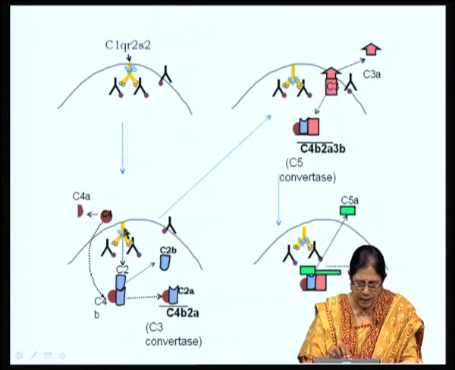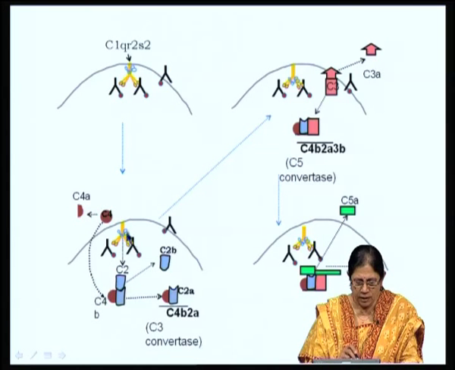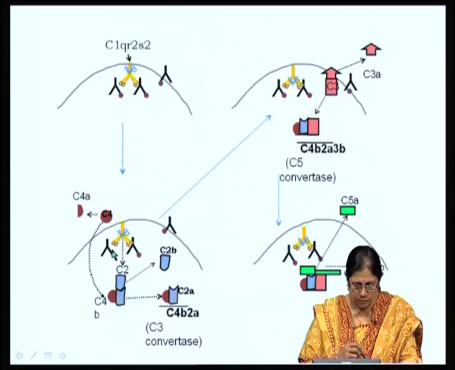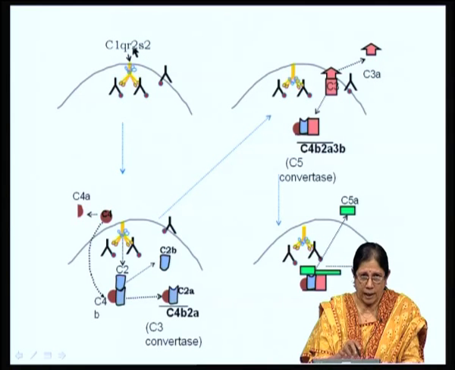So, everything happens at this position, but to make it clear and to think in terms of the sequence of events, we depict the antigens far away from the antigen antibody and the C1q binding to the antibody molecule. So, C1q binds to the Fc region of the immunoglobulin, bringing about a conformational alteration, which is now passed on to the R2, activating it, which in turn activates the serine protease S2.